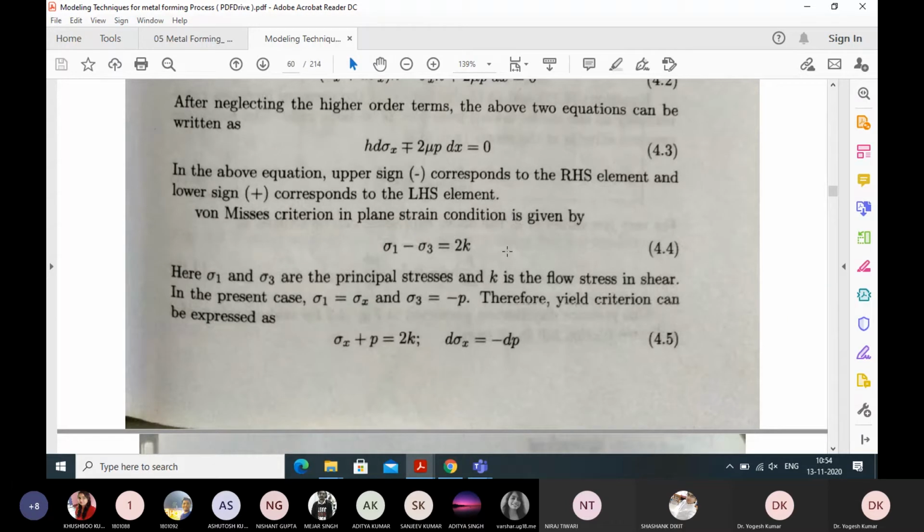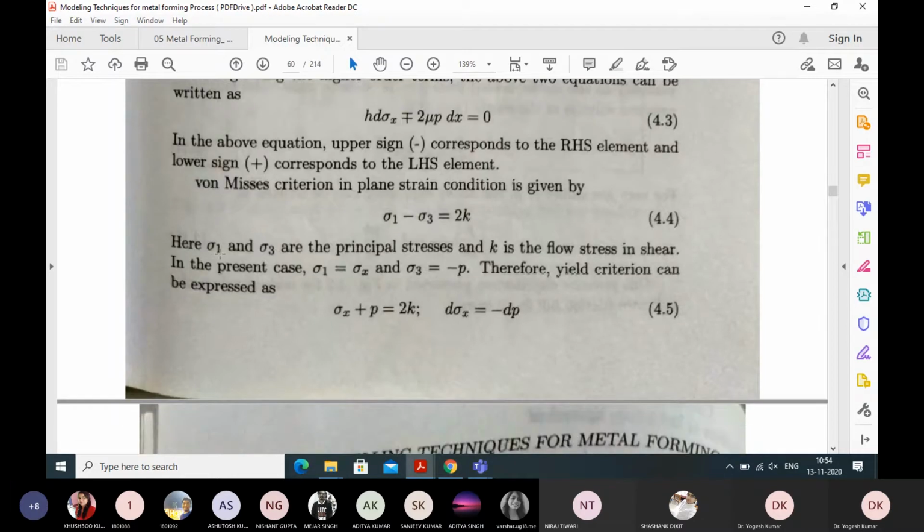You might have studied this von Mises criteria. Since sigma 1 and sigma 3 are principal stresses and k is your flow stress in shear, sigma 1 will be equal to sigma x, and sigma 3 will be equal to sigma y, which will be equal to minus p.